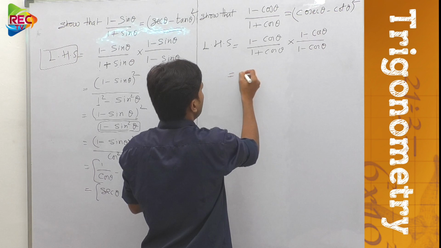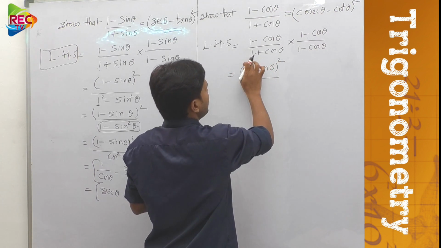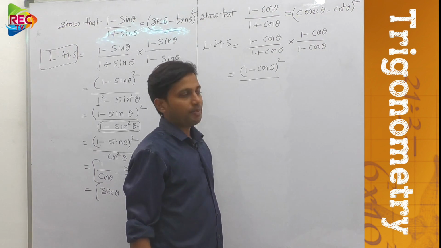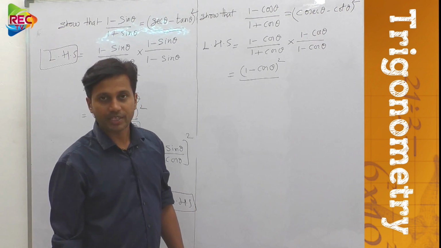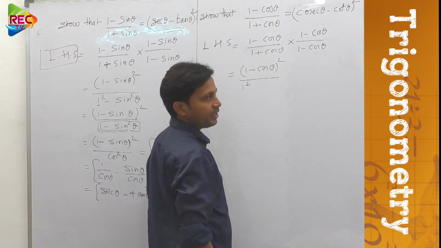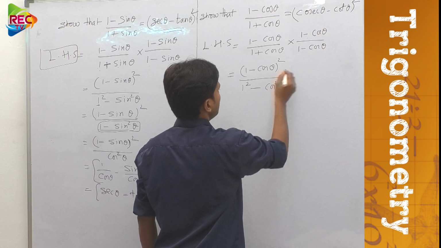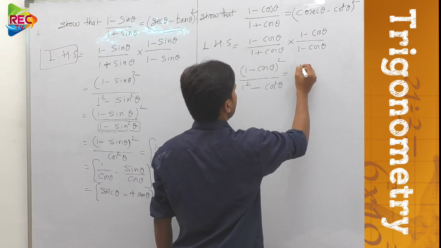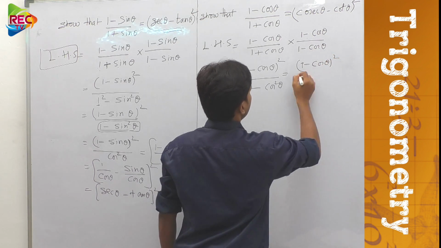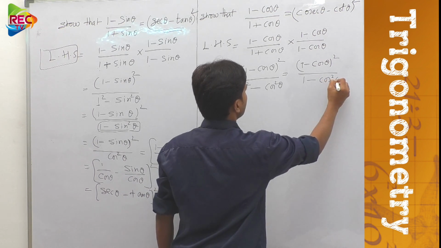So that would be (1 minus cos theta) whole square by, here again this is (a plus b) into (a minus b), which will be a square minus b square. That means a is 1, so 1 square minus b square, where b is cos theta, so cos square theta. So again this can be rewritten as (1 minus cos theta) whole square by 1 minus cos square theta.